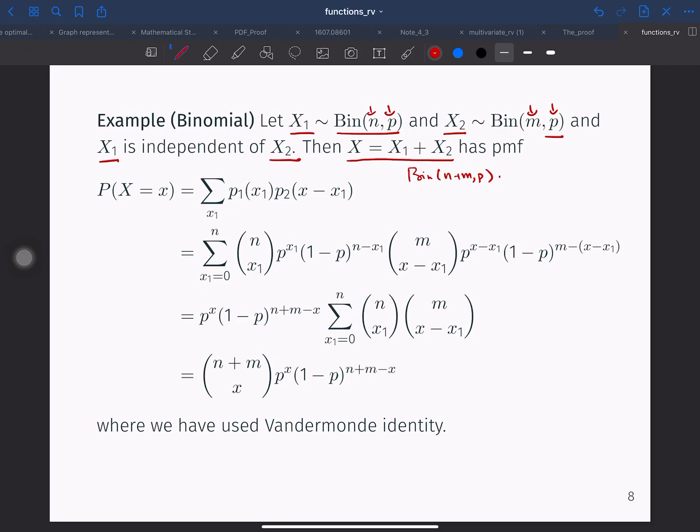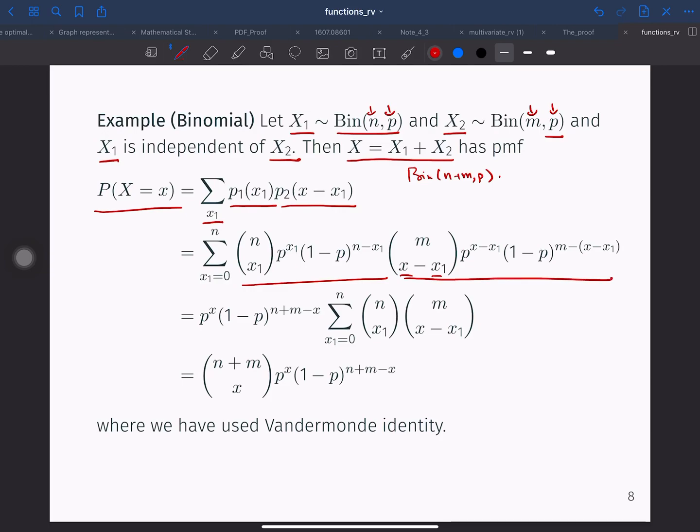So let's verify that. Once again, the probability that X equals little x, I can sum over all the values of x1, of the marginal for X1 and the marginal for X2 evaluated at little x minus little x1. So the marginal for X1 is simply this. The marginal for X2, taking on the value little x minus x1, is once again here.